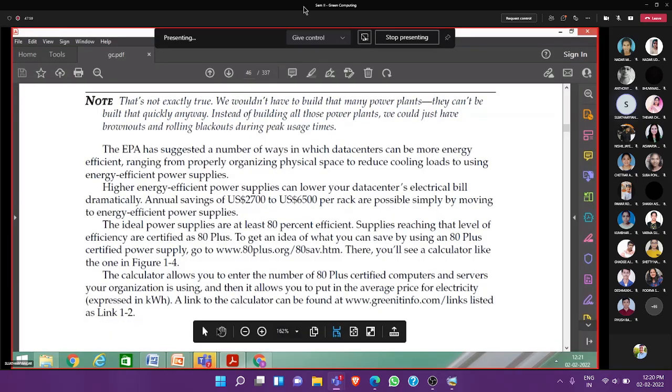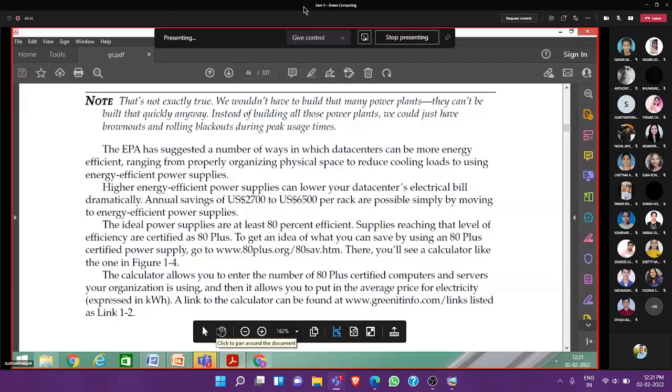So now the EPA has suggested a number of ways in which data centers can be more energy efficient, ranging from properly organizing physical space to reduce cooling loads to using energy efficient power supplies. So next one is data center मतलब heat वो ज़्यादा produce कर रहा है. There is a lot of heat produced in the data center. So in order to reduce that heat, okay, there are so many cooling techniques.